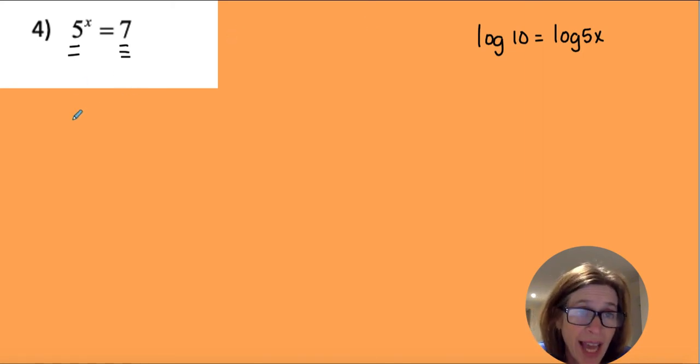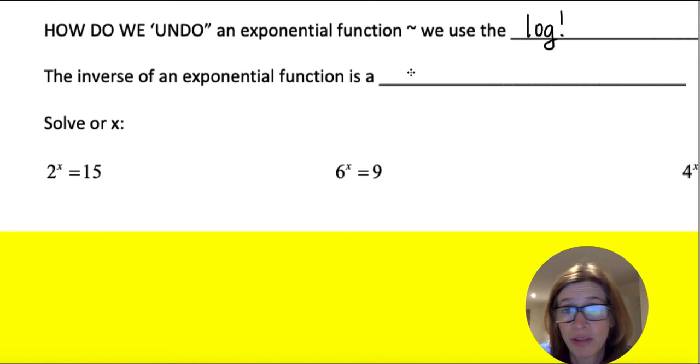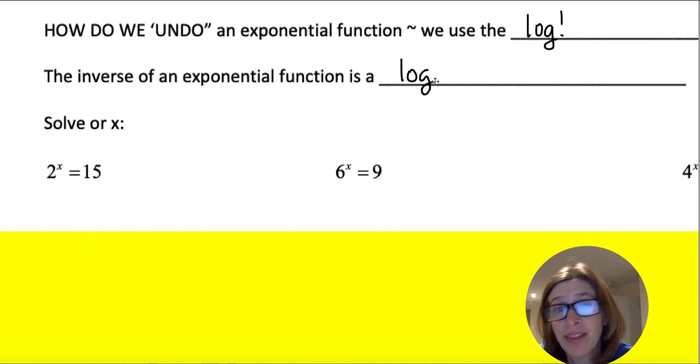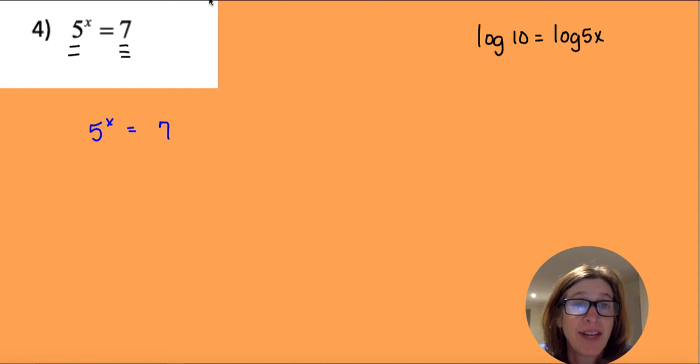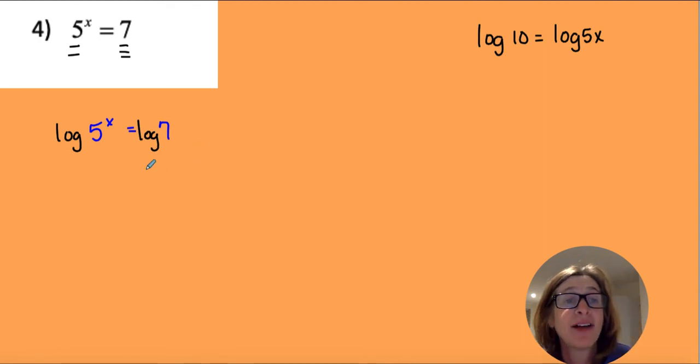All right, so if I have 5 to the x equals 7, and I want to undo the exponent, I can use the log. The inverse of an exponential function is a log, and that's why they undo each other. So let me go back. If I take the log of both sides, I now have log of 5 raised to the x equals log 7.